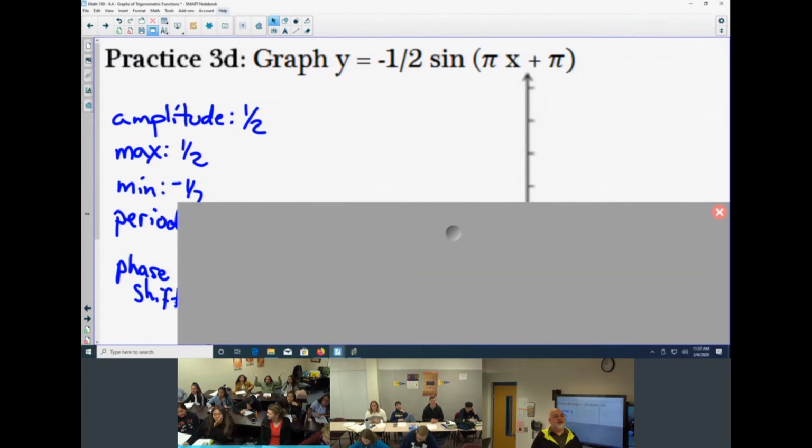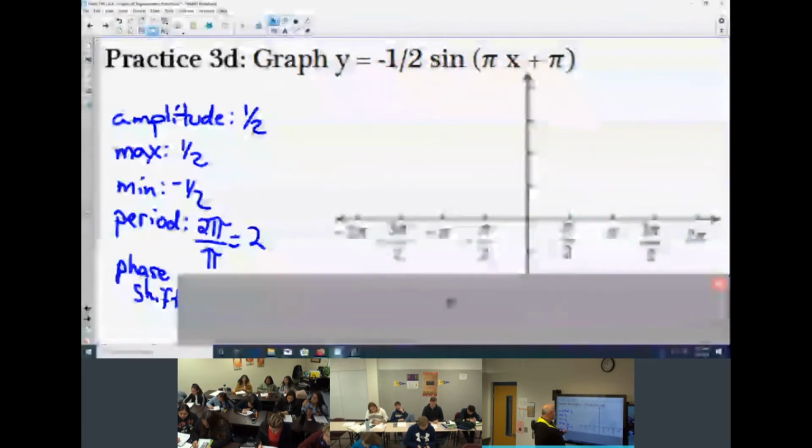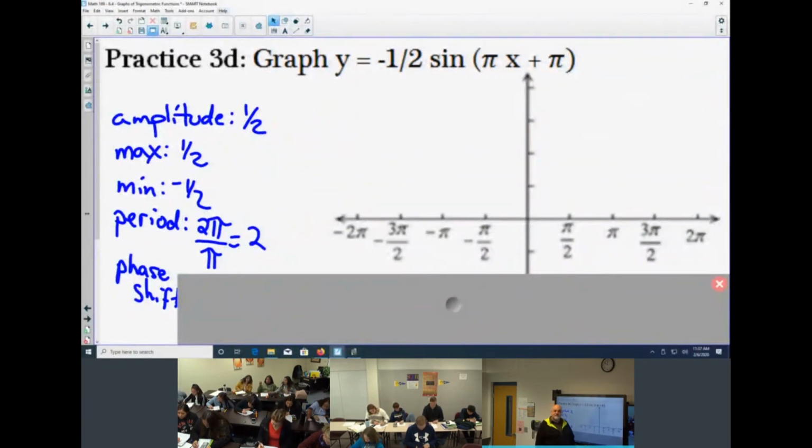I don't know. Okay, anybody help her out? I think it's 2. 2, because remember, it's 2 pi divided by b. And in this case, the b is pi. So when you take 2 pi divided by pi, the pi's cancel, so you just get 2.